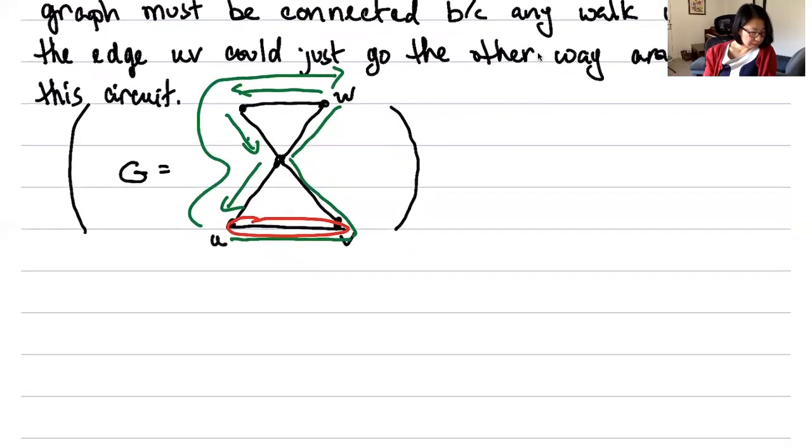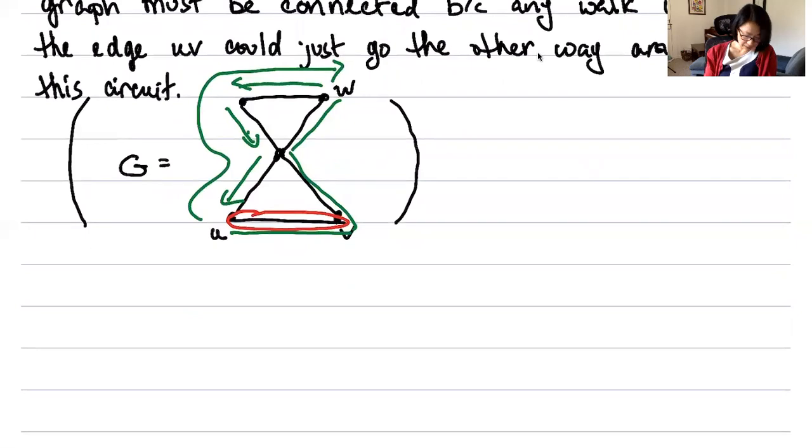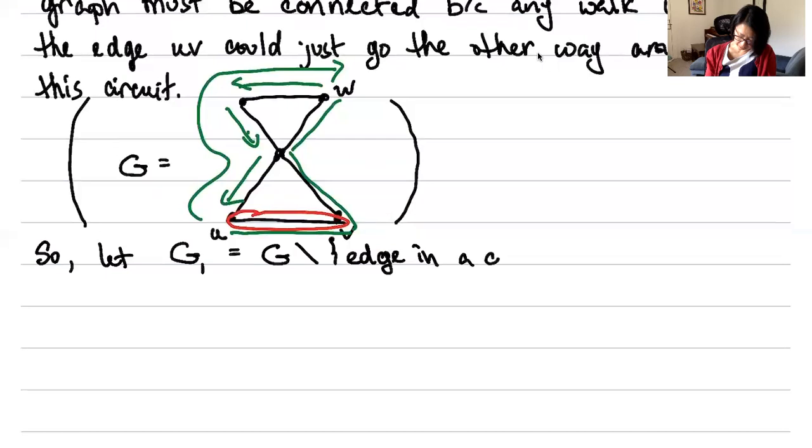All right, so now let G1 be the graph that's a subgraph of G where I take away an edge in one of the circuits of G, okay? So I know it's still connected, and then I say, well, if my new graph still has a circuit, do it again.